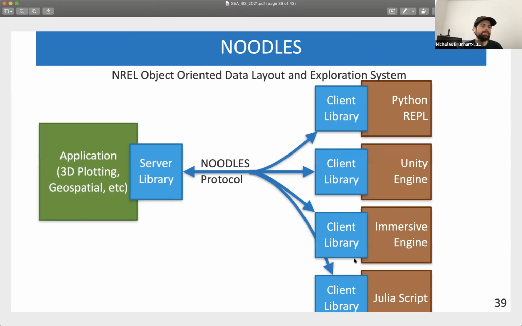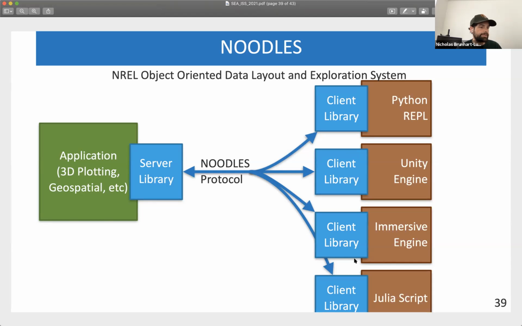So in response, like I said, the paper we wrote was a year ago, and we've been working on this. It's a revision to Plotty VR called Noodles, the NREL object-oriented data layout and exploration system. We like our acronyms. At the core, this is a protocol specification. So that's all we're really trying to specify here: a protocol for tools to synchronize visualizations, with a few reference libraries and server libraries.